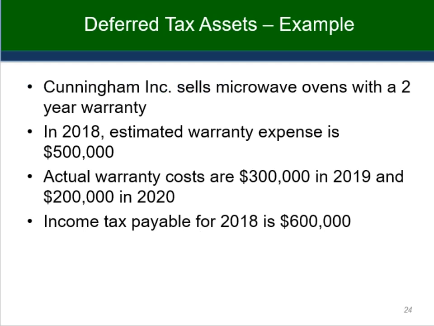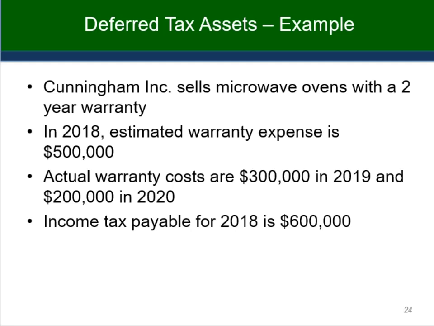Deferred tax asset example. Cunningham sells microwave ovens with a 2-year warranty. So in 2018, we estimate the warranty expense as $500,000, and we discussed that earlier in this course.